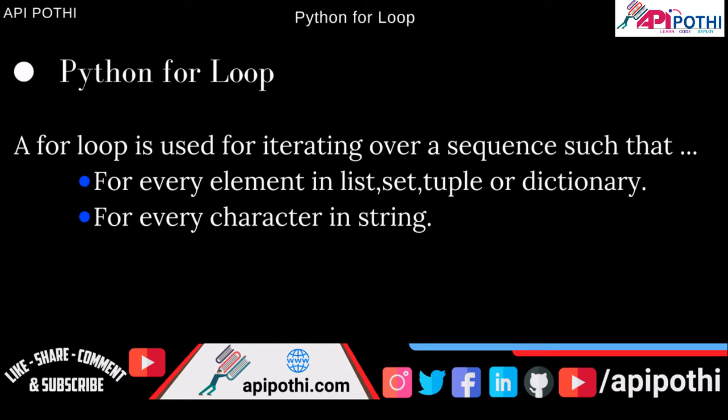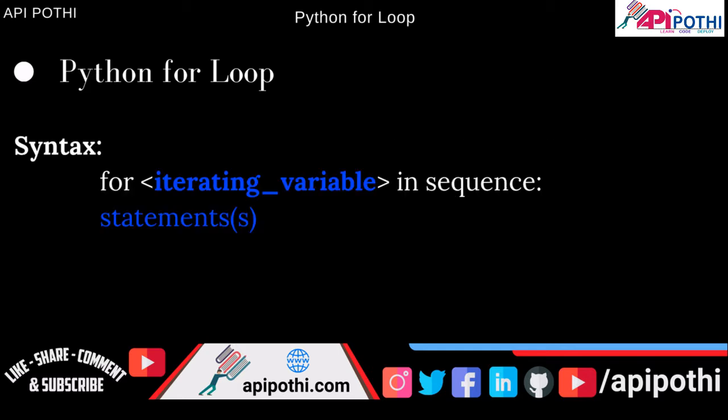Now coming to the syntax of the for loop in Python. Technically we have for, which is a reserved keyword in Python to identify the for loop, and then the iterating variable, which is user defined. In is again a keyword, specified to check whether the value is available or not.